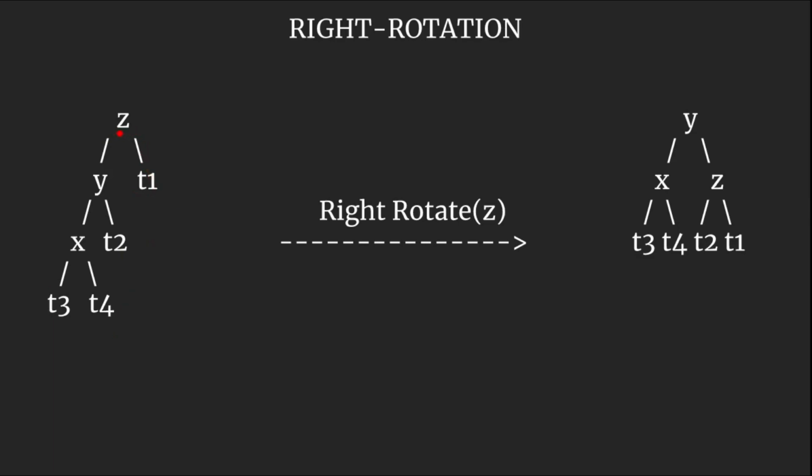Here we can see that for this node, the height difference between the two subtrees is more than 1. So we right rotate this node. What we do, we simply store this node and this node into temporary nodes, and then make this node the root node, and we make a connection between this node and this node, and finally we get this balanced tree here.